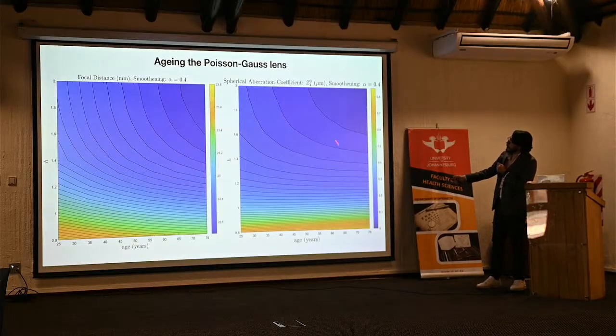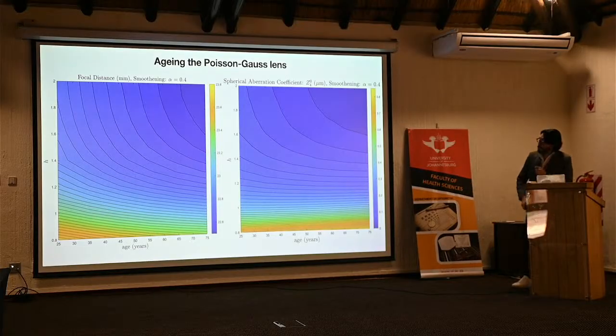Here we can see the spherical aberration coefficient. So here we can see that if the scaling does not change, if we have a fixed age and we induce the flattening, what we obtain is going from blue to yellow.